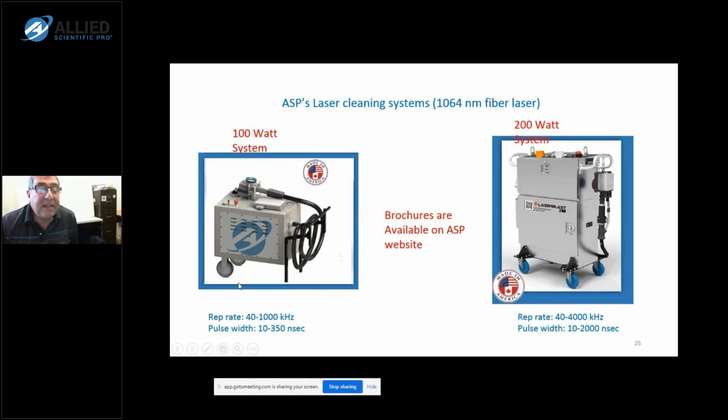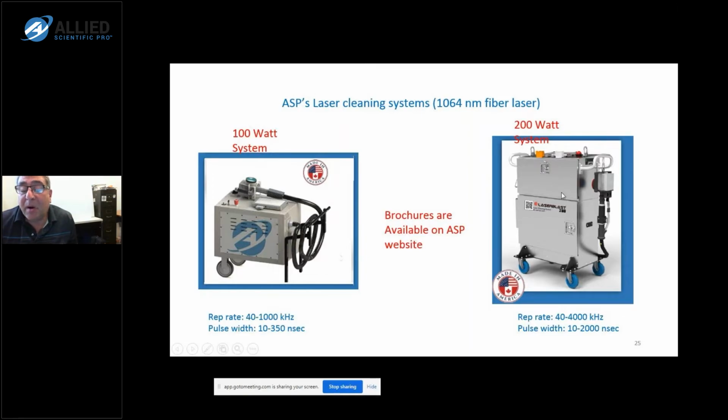There is a 100-watt system that I'd already shown you with the rust cleaning of pipes, and this was our original system. And then a few years ago, we developed the 200-watt system that has a better form factor.